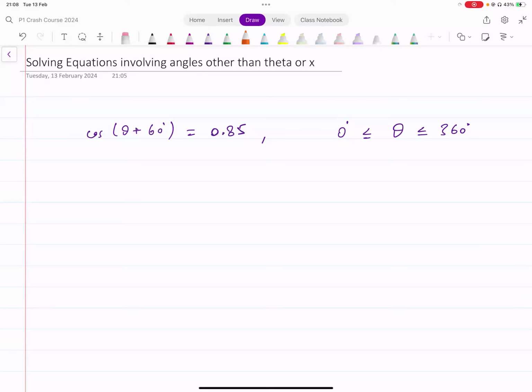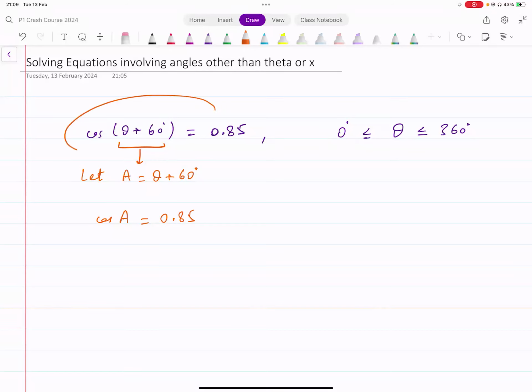How do you use substitution? Whatever is inside the brackets, you substitute that with another variable. So you say, let some other letter, let's say A, equal theta plus 60. Once you do that, the equation becomes cos of A equals 0.85.